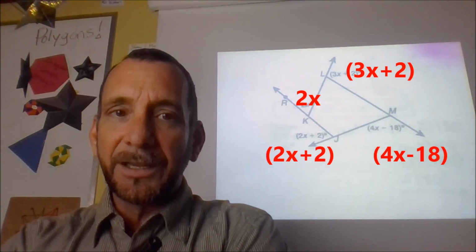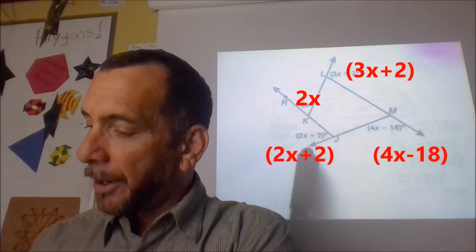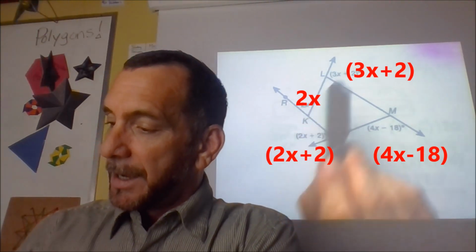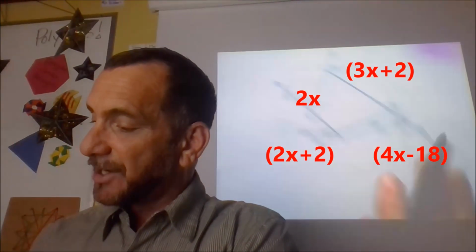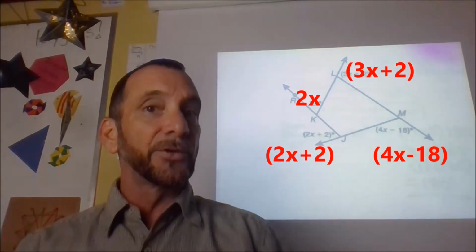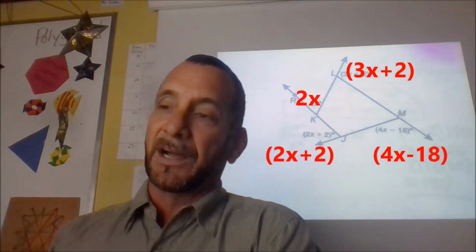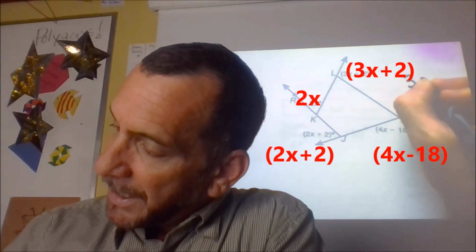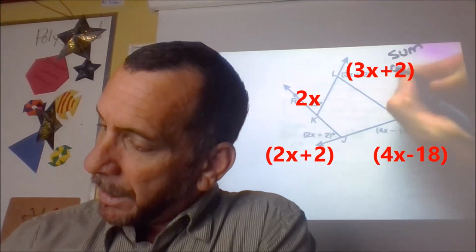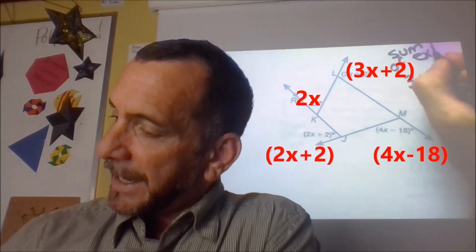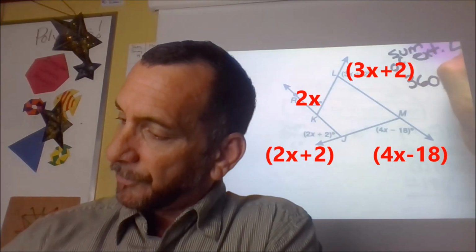But we're not looking for that now. We're looking for the sum of the exterior angles, which we know. What is the sum of the exterior angles of any convex polygon? 360 degrees. That's the sum of, and I'm just going to abbreviate, exterior angles.